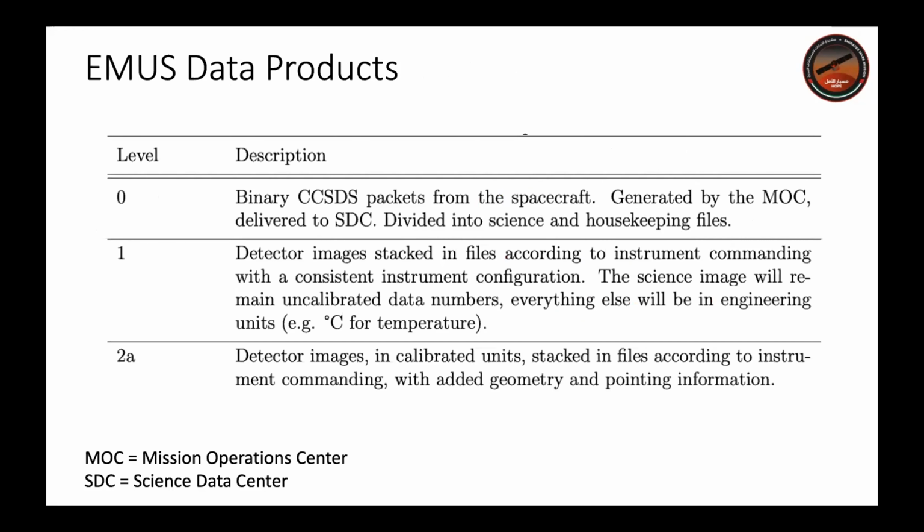In terms of the data products, at level 0, it's just packets. No one's ever going to look at that. It's really not human readable. At level 1, you can actually look at the detector images. A lot of stuff is uncalibrated and not necessarily easily accessible for a human.